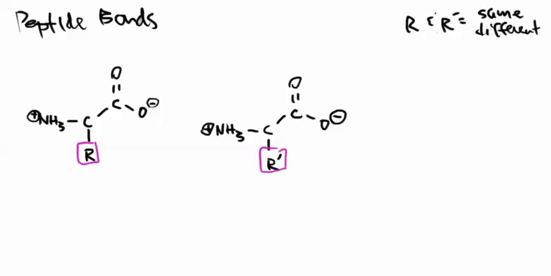So we have a positive area that is here on the NH3 group, and we have a negative area that's here on the oxygen.